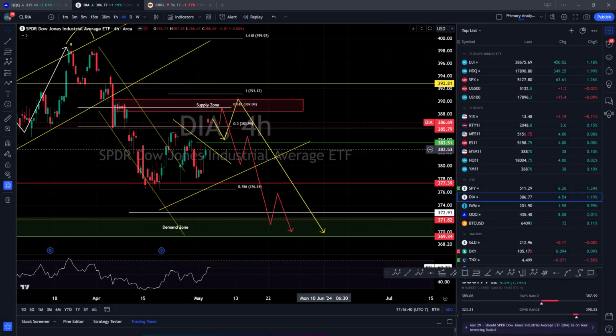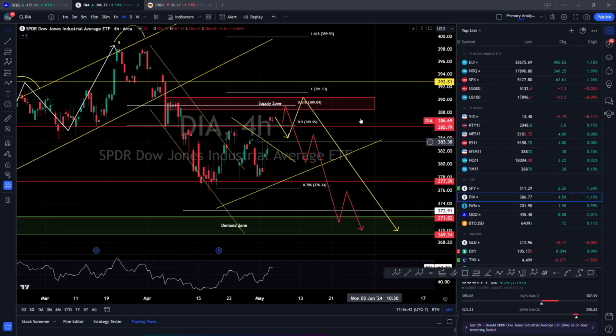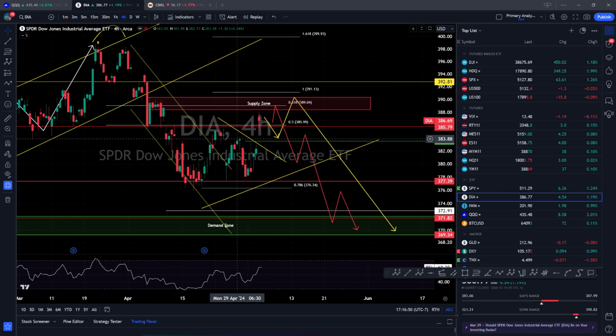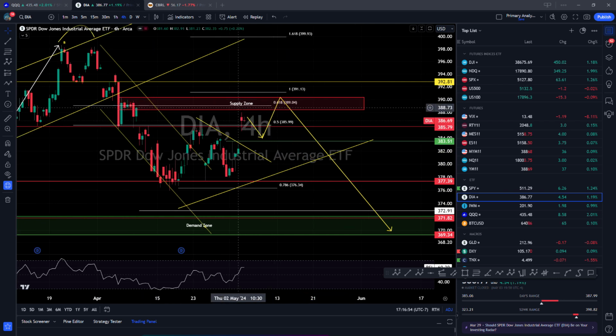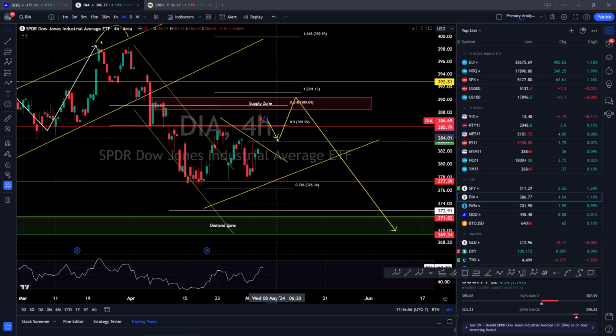DIA, very similar. It's not even yet touched 61%, so it can go up there. And again, now will it do the similar thing where it kind of sells a little, closes this gap?